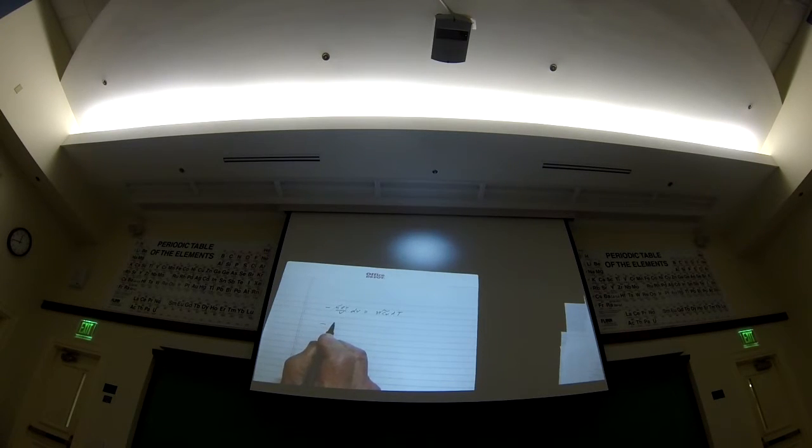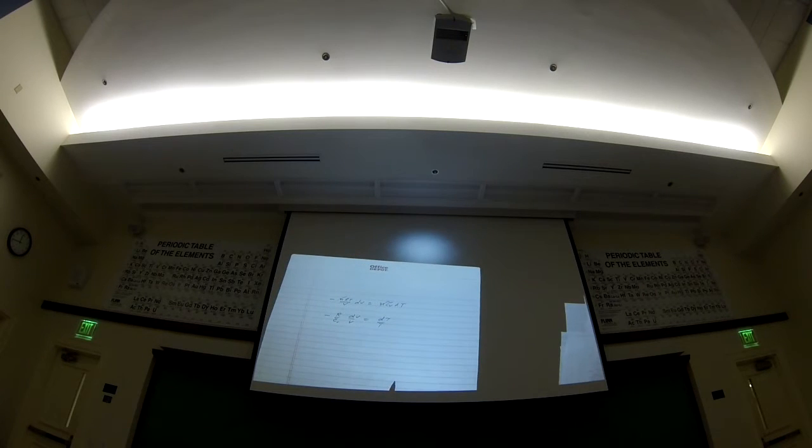All right, minus R over CV times dV over V is equal to dT over T. And I can write minus R over CV times d of the logarithm of V is equal to d of the logarithm of T. Or I can integrate this to get minus R over CV times the logarithm of V is equal to the logarithm of T plus some integration constant.